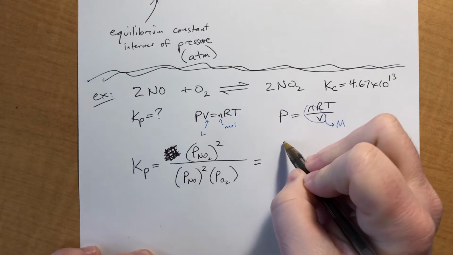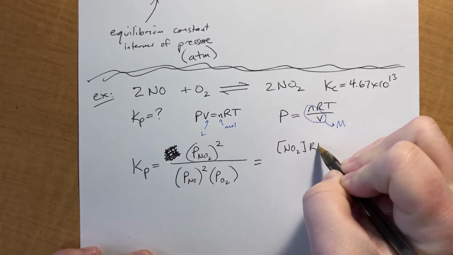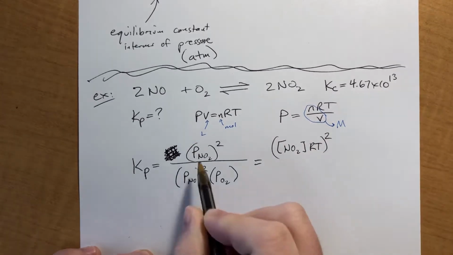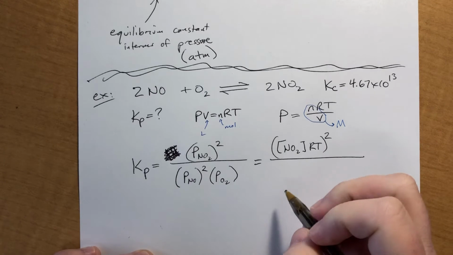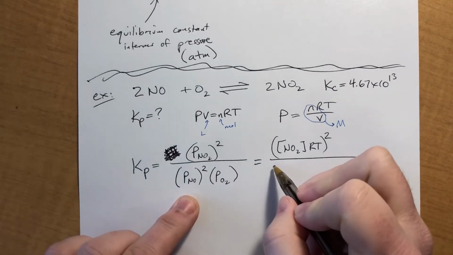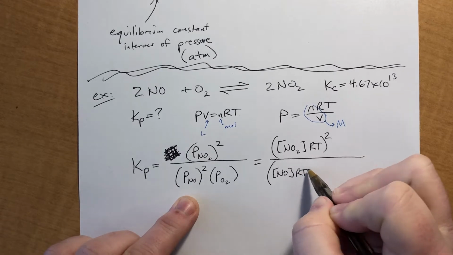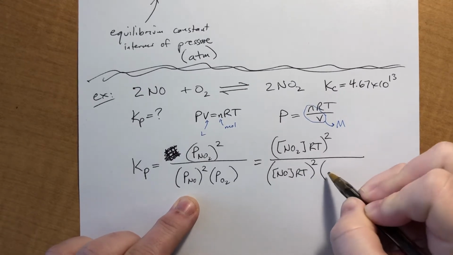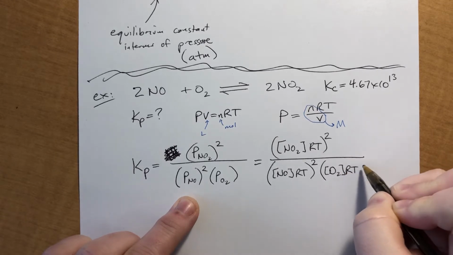So this would be the concentration of NO2 times RT, in the whole thing squared, because we're substituting in for the stuff in the parentheses. Same thing down here: concentration of NO times RT, squared, and concentration of O2 times RT.